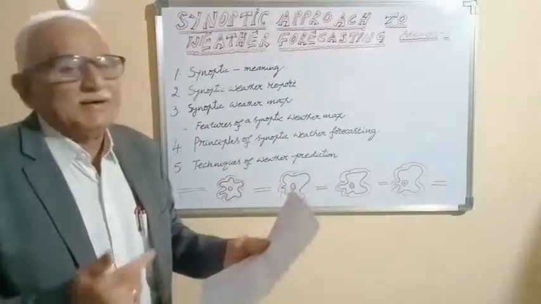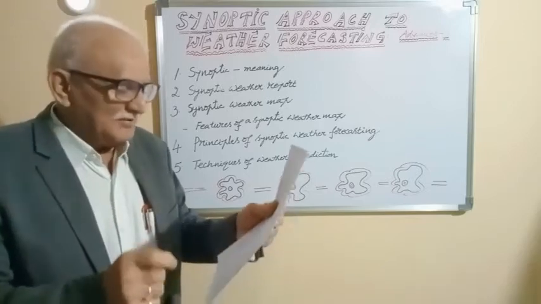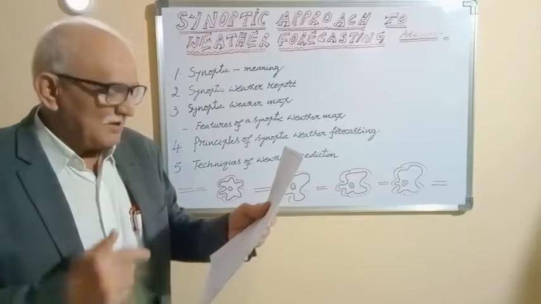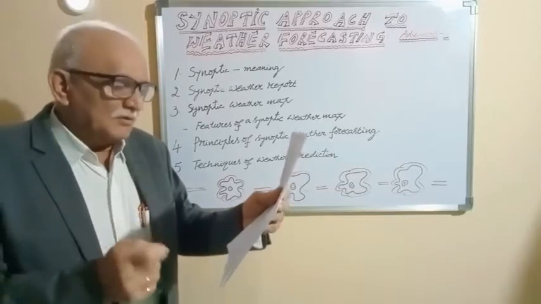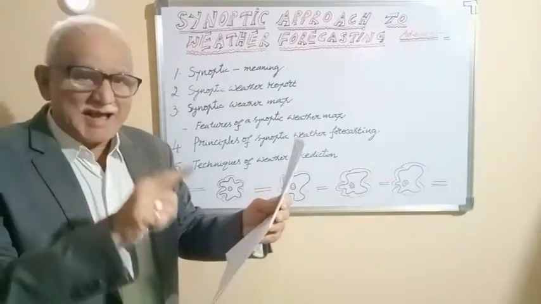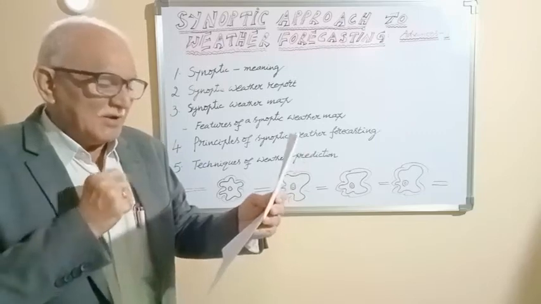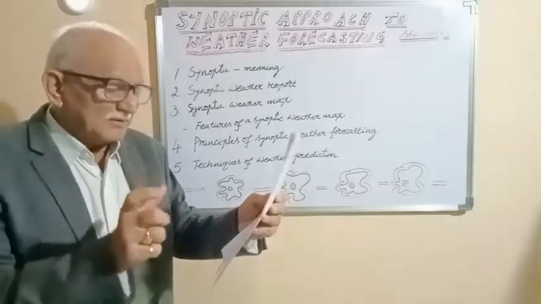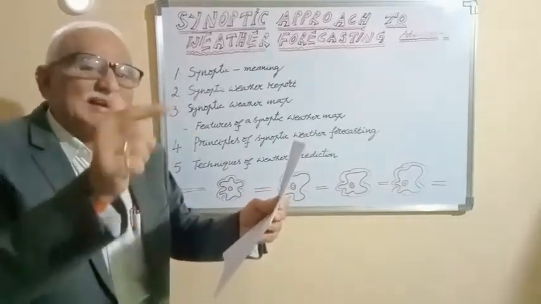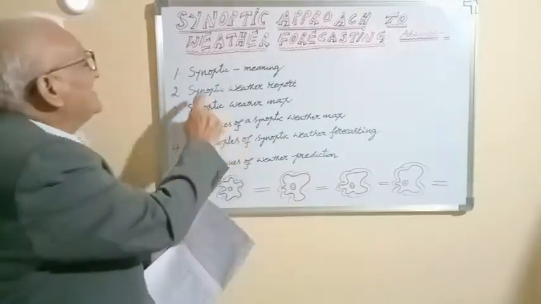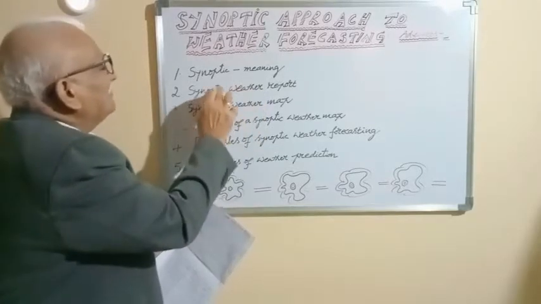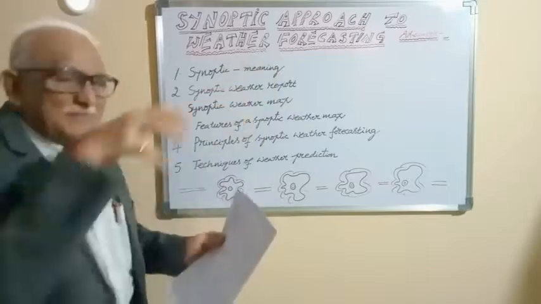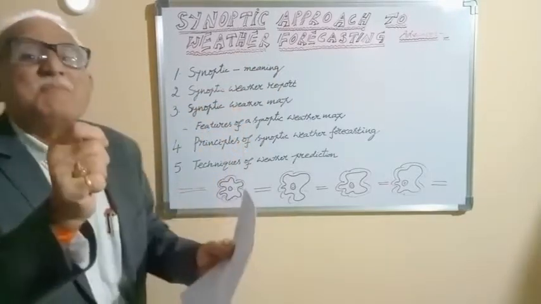Right. Now, what is a synoptic map, or you can say weather map? A synoptic map is a map which graphically depicts weather parameters over a large area by putting together many weather reports. Previously we tried to understand the synoptic weather report. Many synoptic weather reports make up the synoptic weather map.